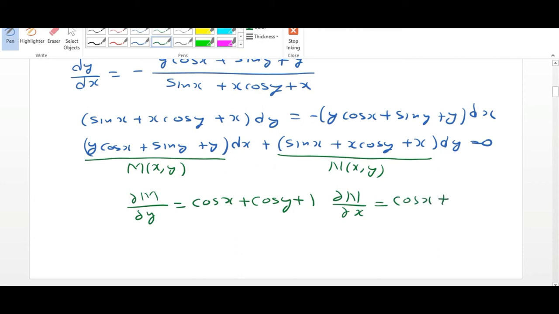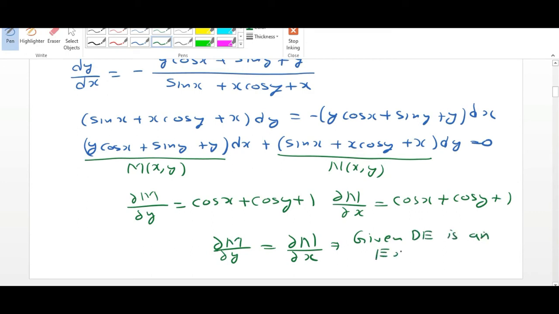Now cos y will be constant, derivative of x will be 1, cos y, the derivative of x is 1. So from here we see that curly M by curly y is equal to curly N by curly x. So this implies the given differential equation is an exact differential equation.